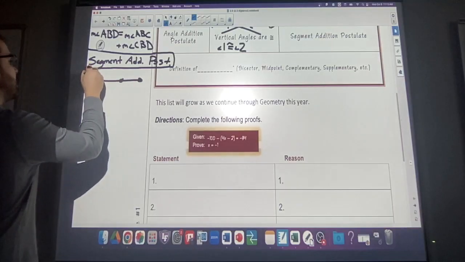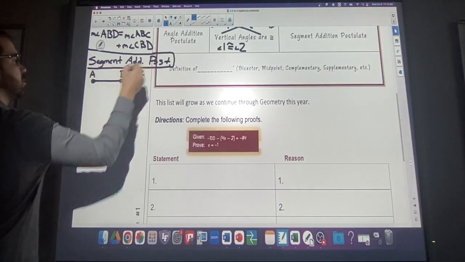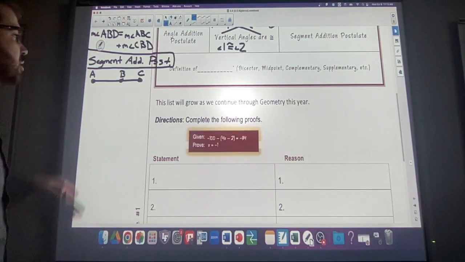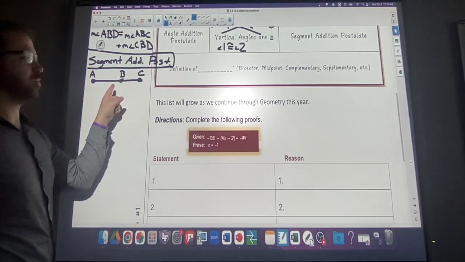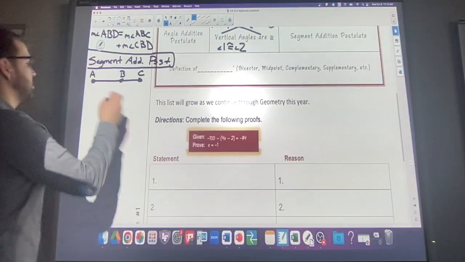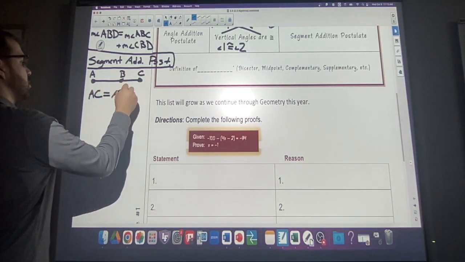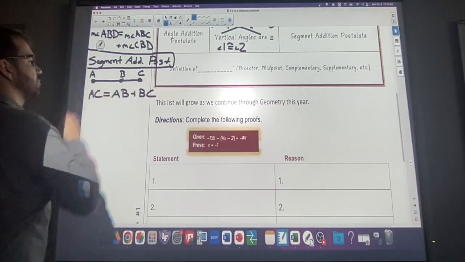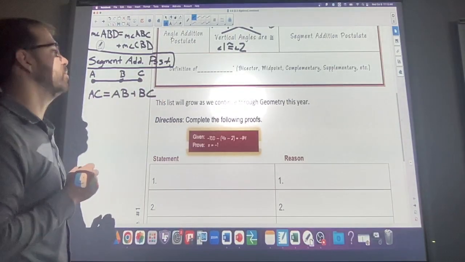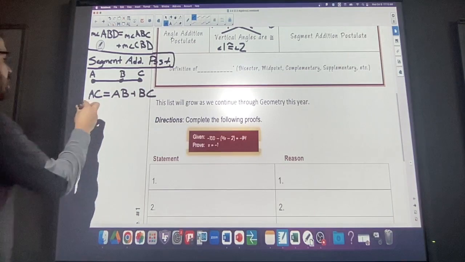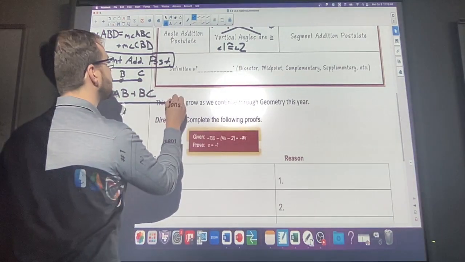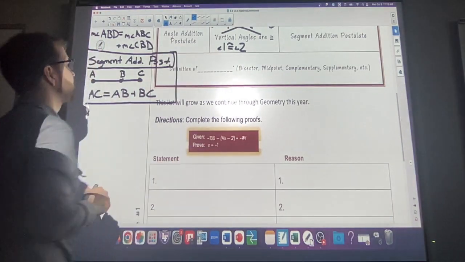It does not need to be the middle. Okay, but what we're going to say is that this part plus this part equals the whole segment AC. So we'd say that AC equals AB plus BC. There you go. That's segment addition postulate. And that one will come up occasionally as well.